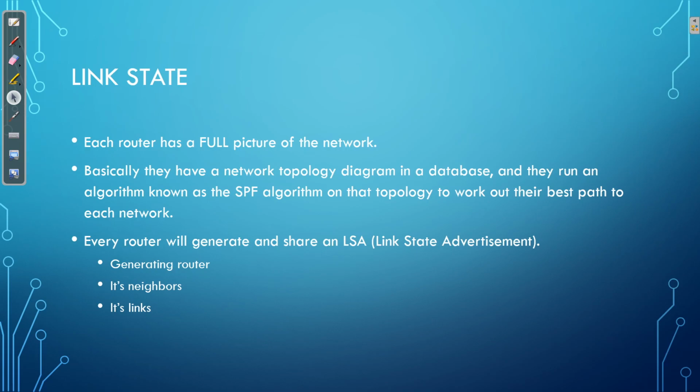It will list information about the link, so in this case, all of the interfaces on the router. It will list information about maybe its IP addresses, and most importantly, it's going to list information about that router's neighbors.